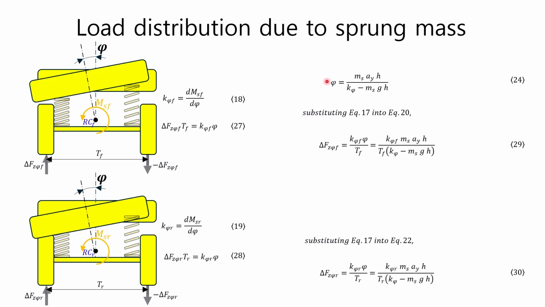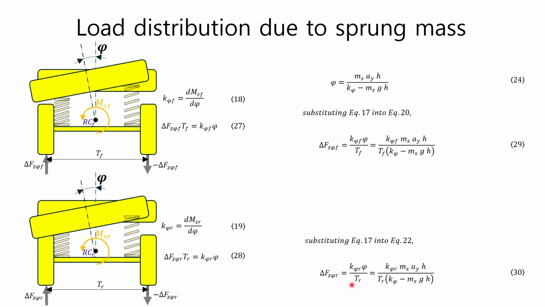Substituting the roll angle phi of equation 24 into equation 27 and arranging equation 27 in terms of the front suspension load transfer delta Fz phi F, we obtain equation 29. Similarly, substituting the roll angle phi of equation 24 into equation 28 and arranging equation 28 in terms of the rear suspension load transfer delta Fz phi R, we obtain equation 30.